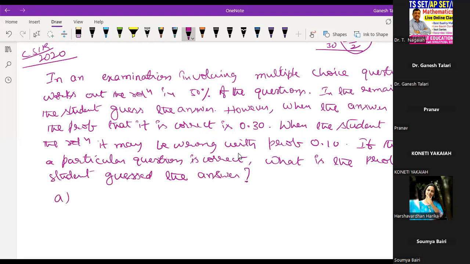Option A is 0.25. Option B is 0.5. Option C is 0.9. Option D is 0.3.